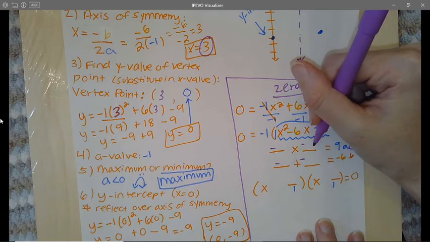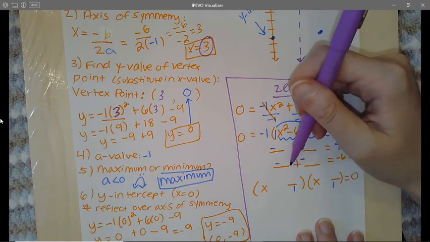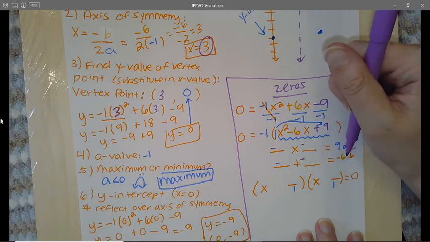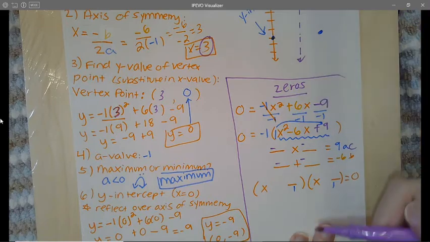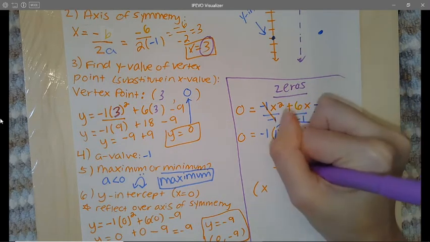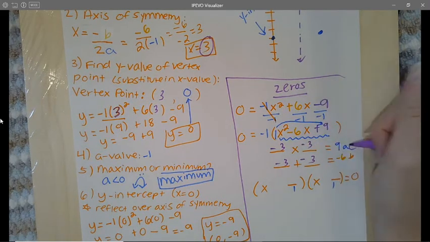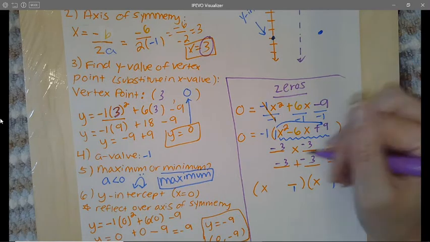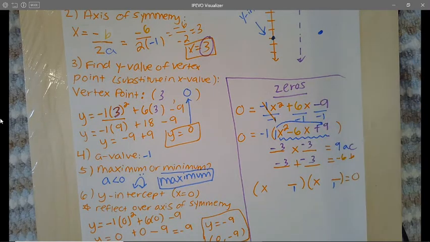Well, 1 and 9 won't work. Negative 1 minus 9 is negative 10, so that's not going to work. But what's the other thing that multiplies to be 9? Holy hot dog, that would be a 3. All right, so negative 3 times negative 3 is positive 9, and negative 3 minus 3 more is negative 6.